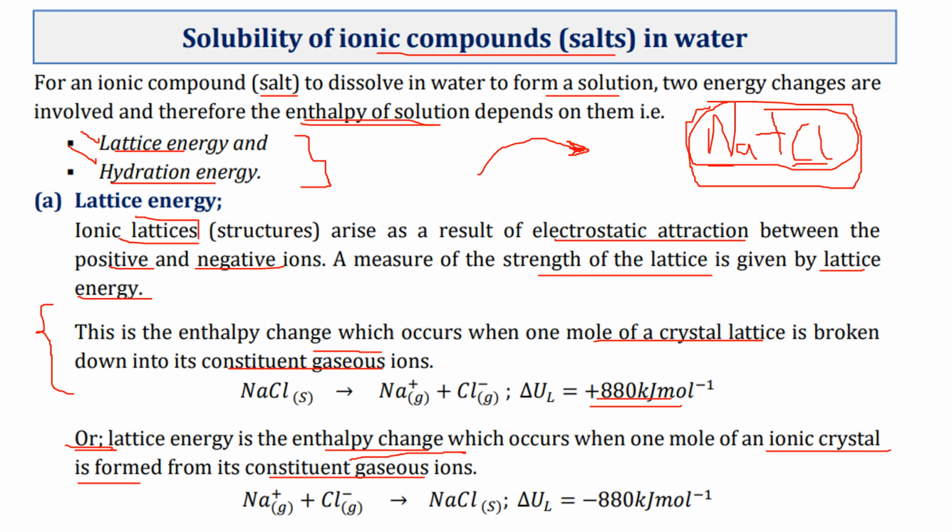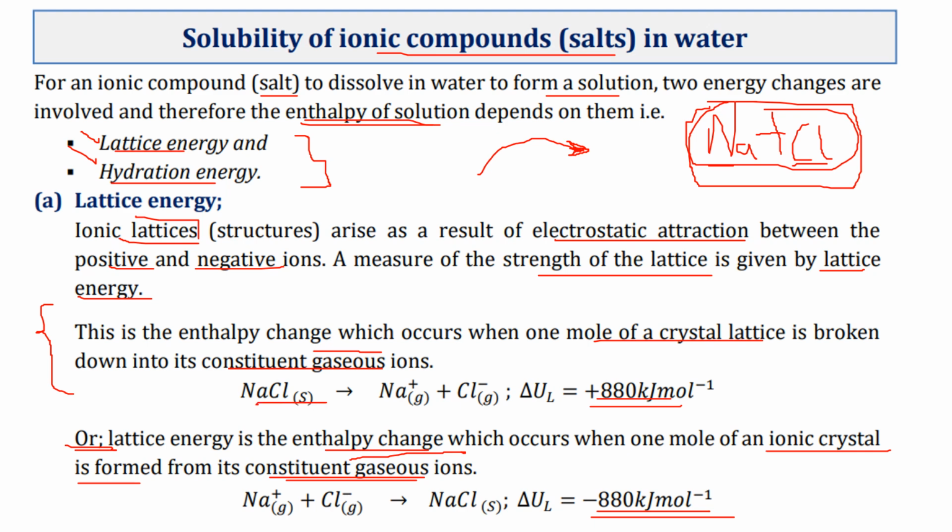So in terms of bond formation, it's going to be the energy evolved, because when you're forming the bond, we are giving off energy to the environment. So it's the energy evolved when 1 mole of a crystal lattice is formed from its constituent gaseous ions. But when we are dealing with enthalpies of solution, we are looking at dissolving an ionic crystal lattice.